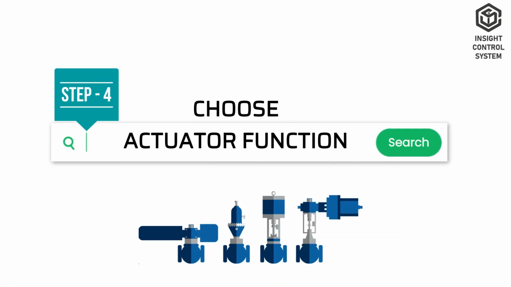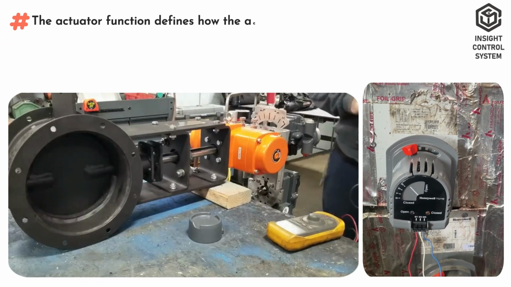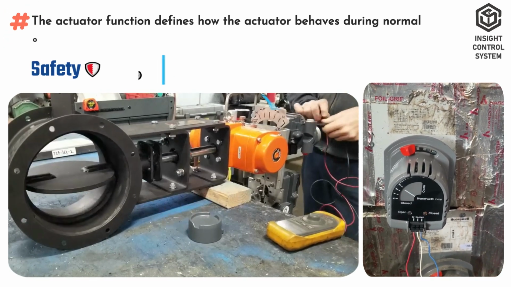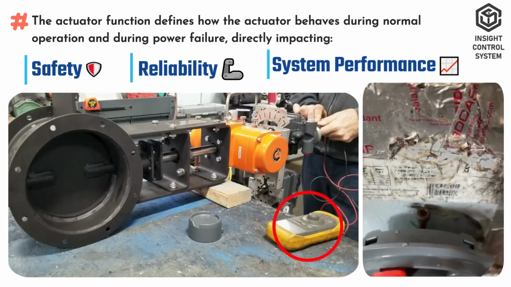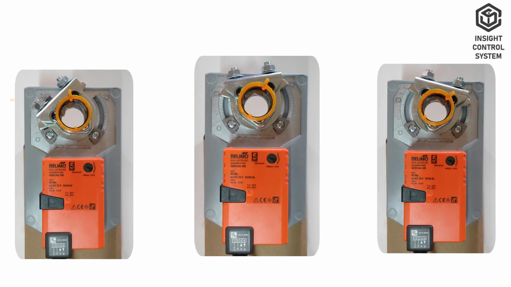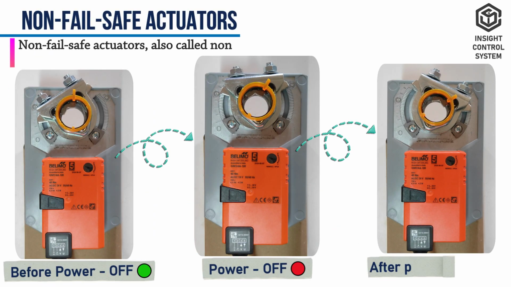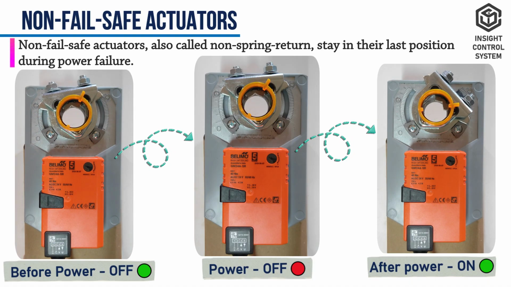Step 4. Choose the actuator function. The actuator function defines how the actuator behaves during normal operation and during power failure, directly impacting safety, reliability, and system performance. Actuators are available in two main functional types. Non-fail-safe actuators, also called non-spring return, stay in their last position during power failure.